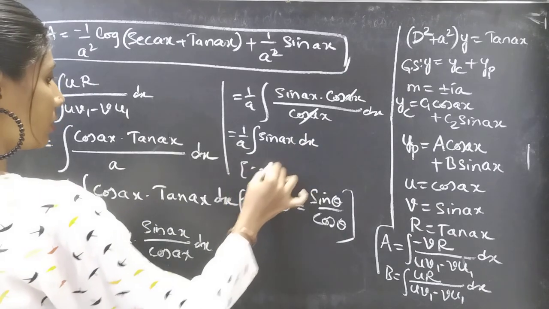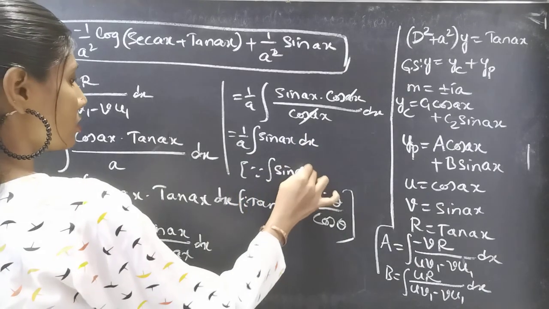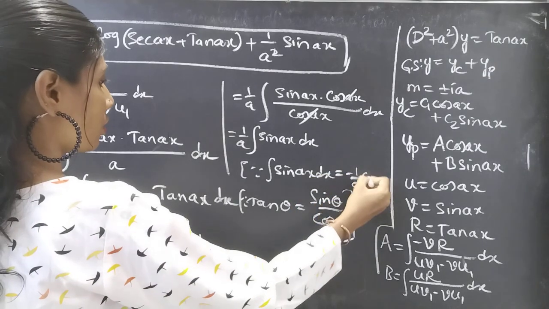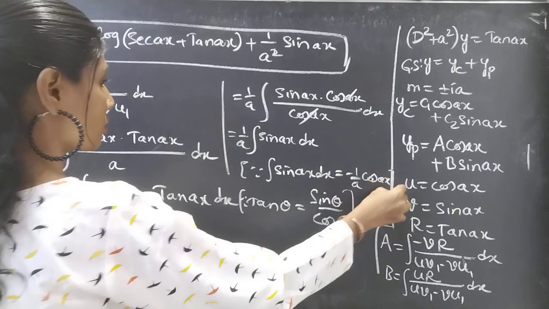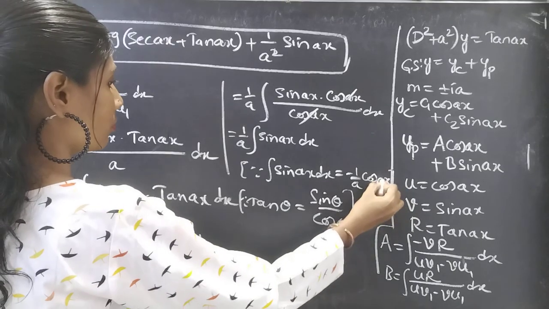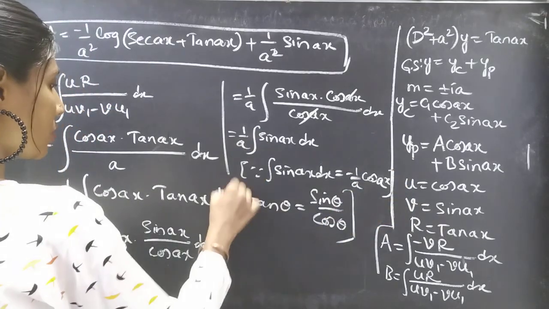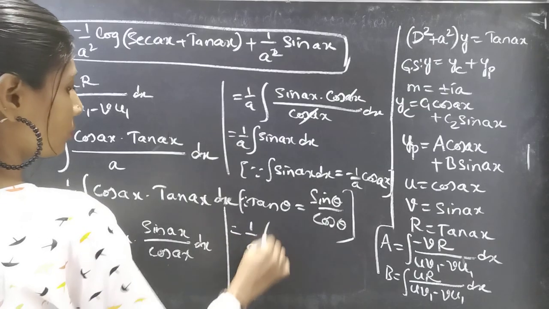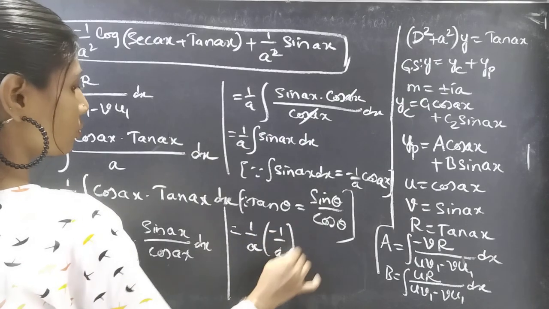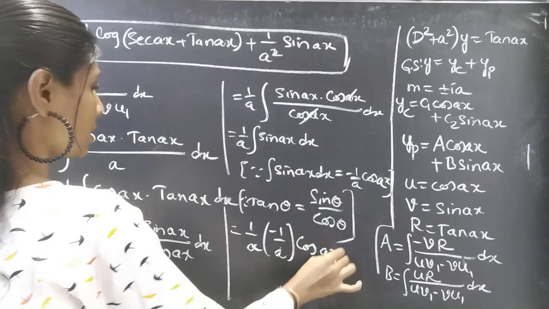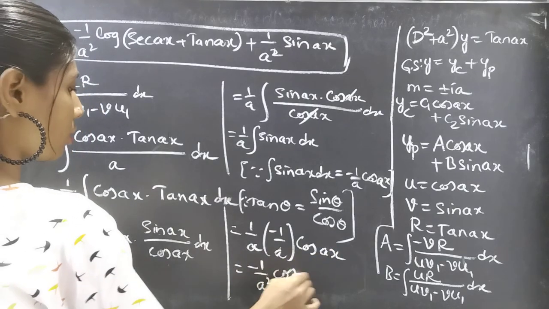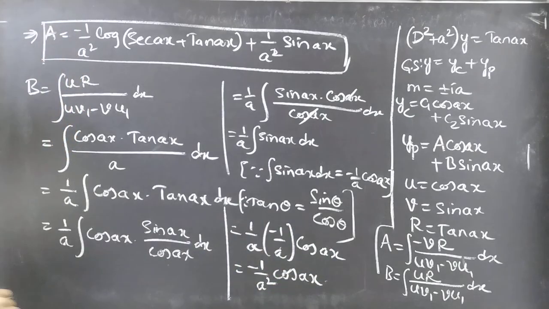Since integral sin ax dx is minus 1 by a cos ax, so this becomes 1 by a into minus 1 by a into cos ax, which is equal to minus 1 by a square cos ax, which is our required b.